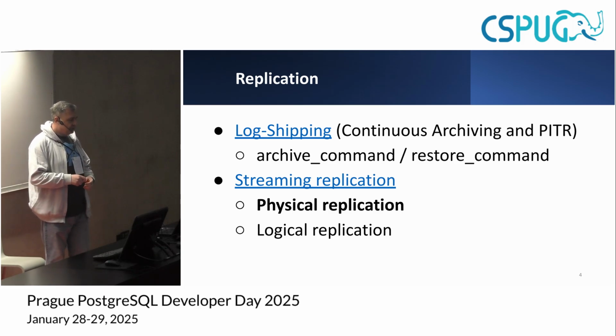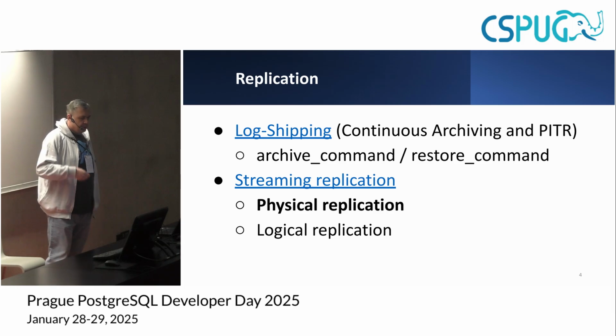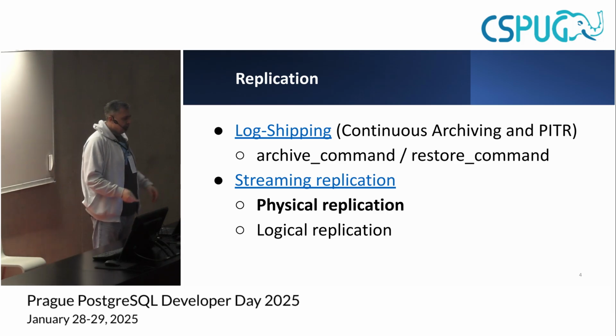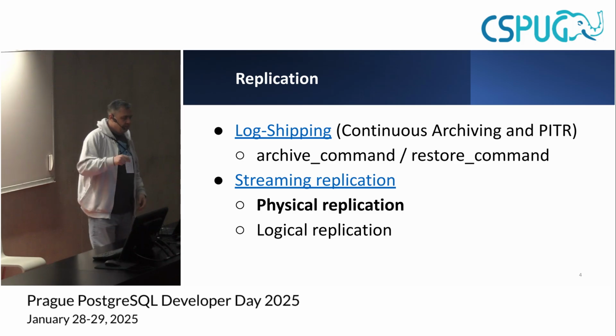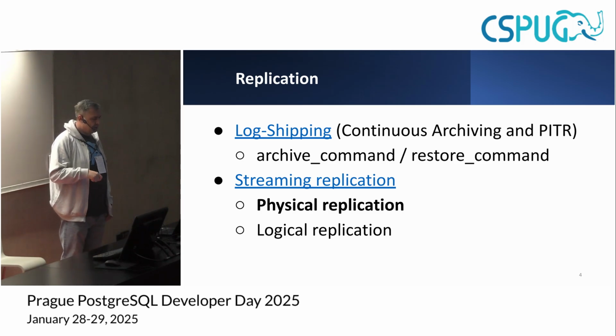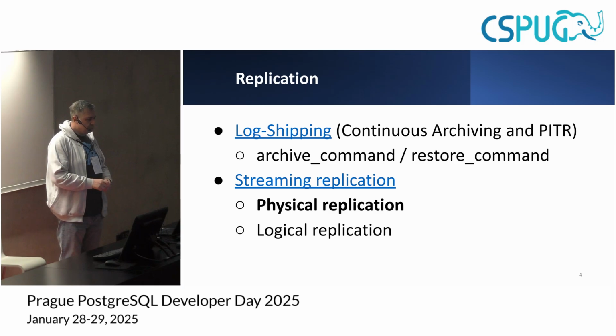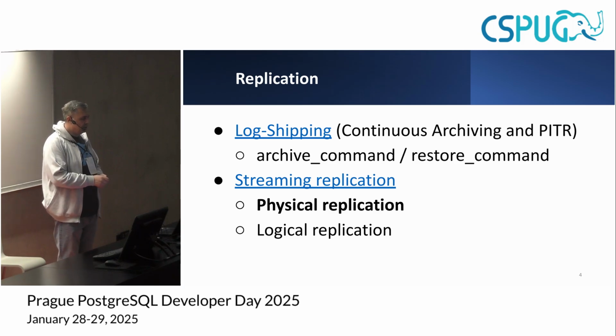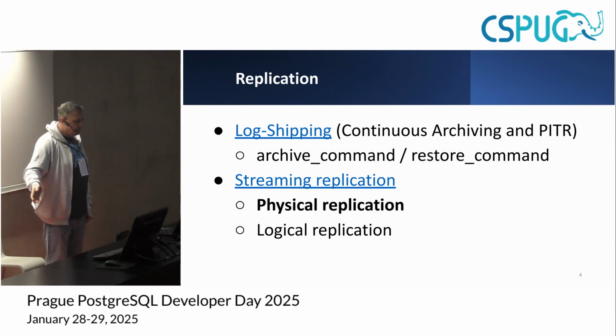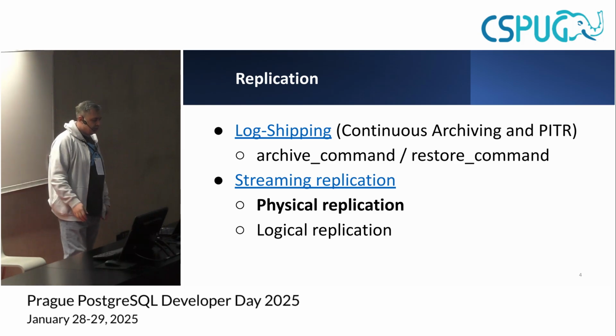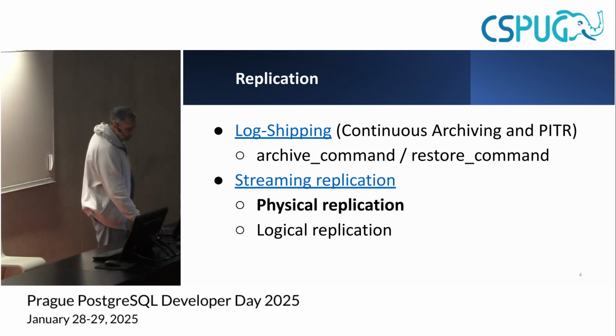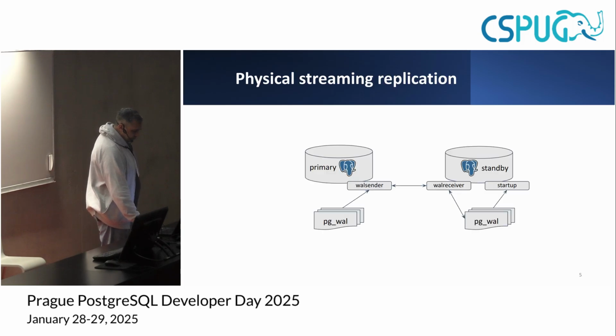Version 9.0 implemented only physical replication, and in fact this talk is focused on physical replication, but starting from version 9.4, it's also possible to use write-ahead log to logically replicate data from Postgres to maybe Postgres, maybe some other database, or your application could extract logical changes from write-ahead log.